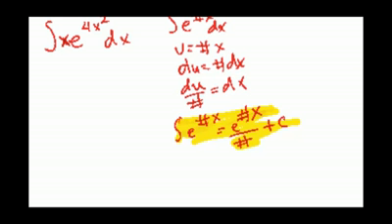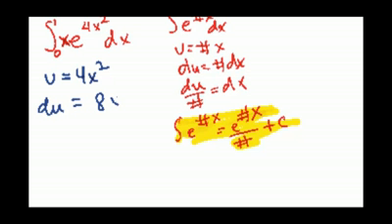Oh, I said I was going to give some bounds, so let's give some bounds. Let's go from 0 to 1. Okay. So if you have one e in your problem, you always let u equal the exponent if you can do u substitution, and du should be what you have left in front.